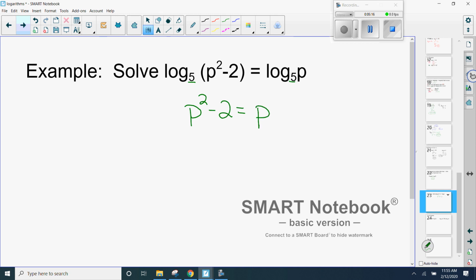Now that puts us into a quadratic. And into a quadratic, we've already got what the answer is. What is the answer? We see a 2. Because 2 squared is 4, 4 minus 2 is 2, which is p, which is 2, which you told me it was.